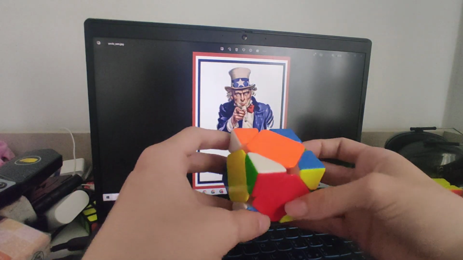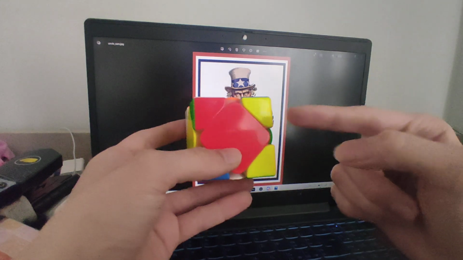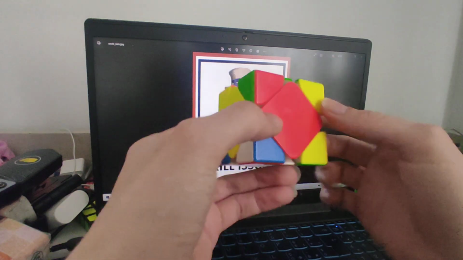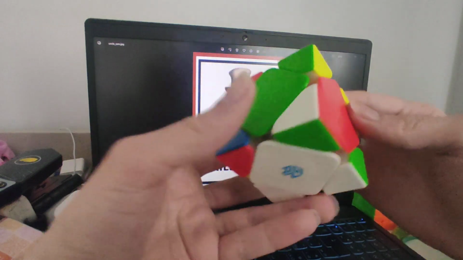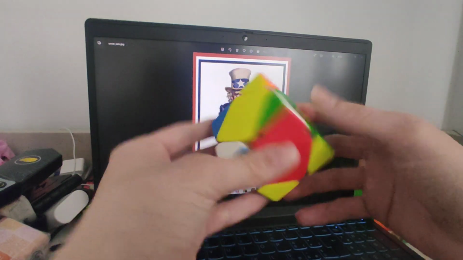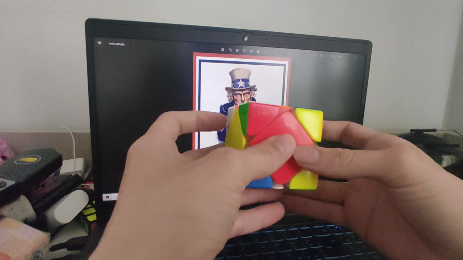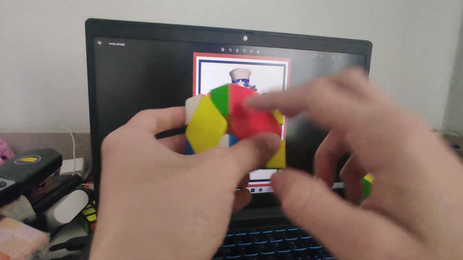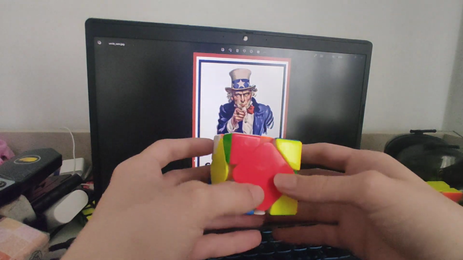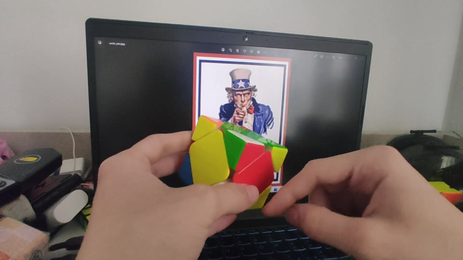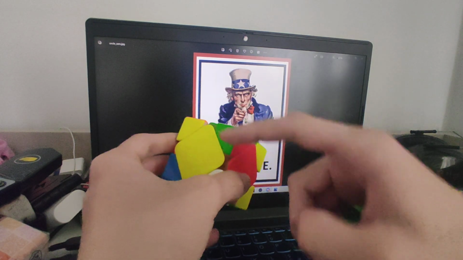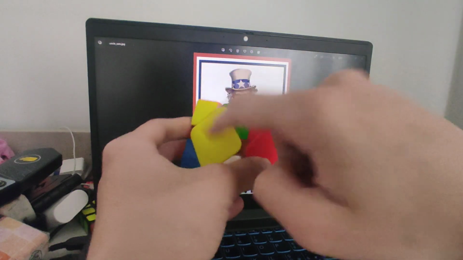So the way I one look this is first of all the corners. First of all, this is a pattern that I know, and this corner is fixed, and then this corner just moves like that. So basically, I know that we'll get a pi, so with the headlights on front. Then from this pattern, I know for the centers, this is a horizontal U-perm with the centers going like this.